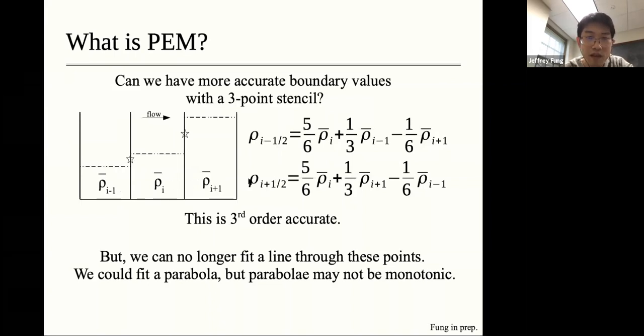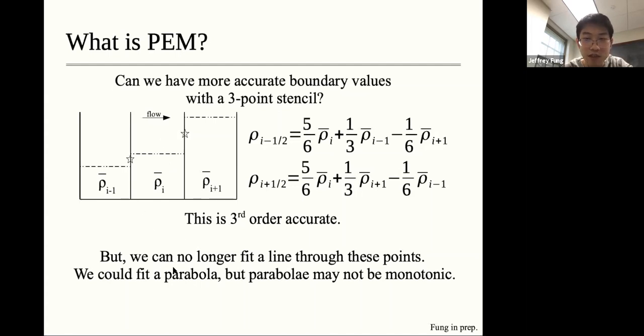So you now have third order boundaries, but you can't fit a line through them anymore, because if you do, in general it's not going to conserve the cell average. So you need something that has more free parameters to fit through these two points.